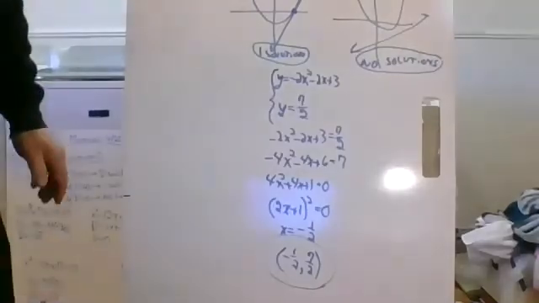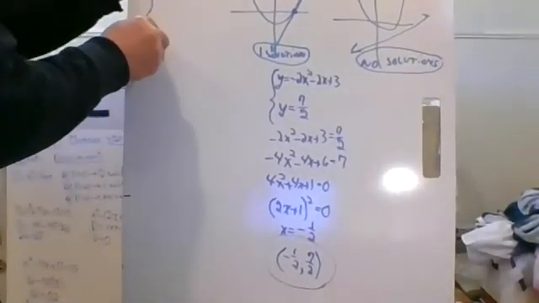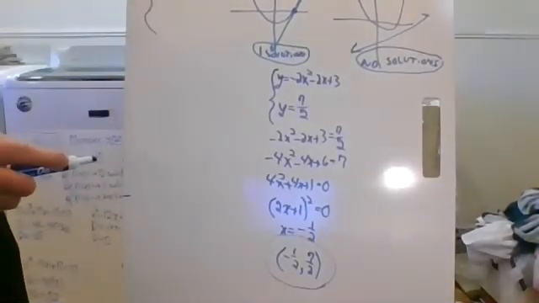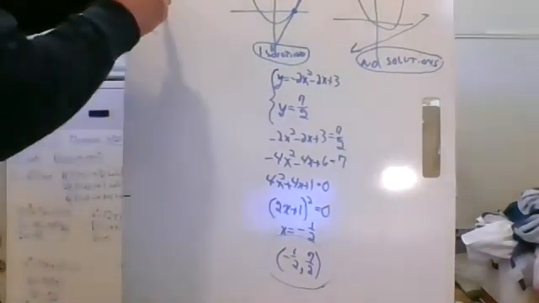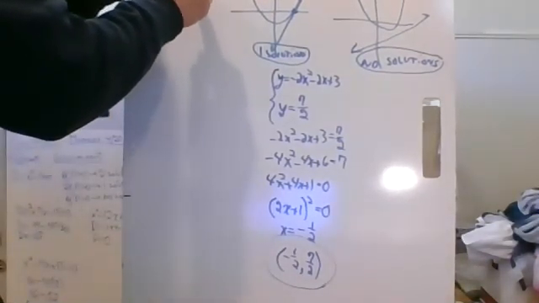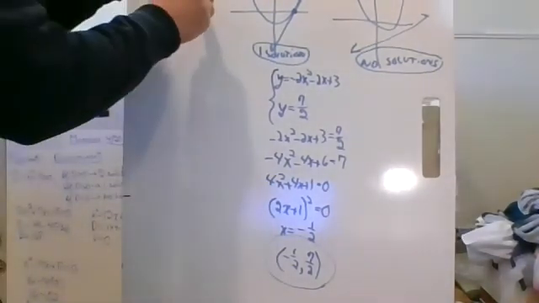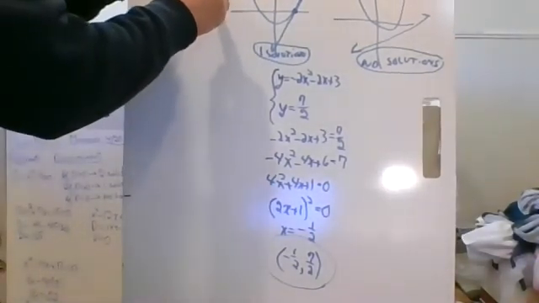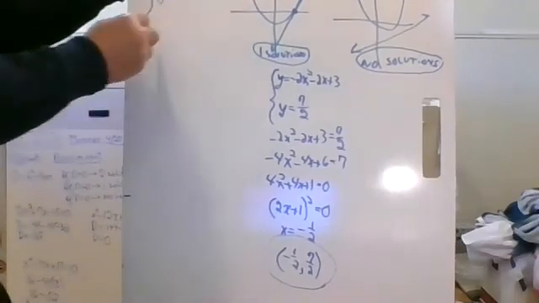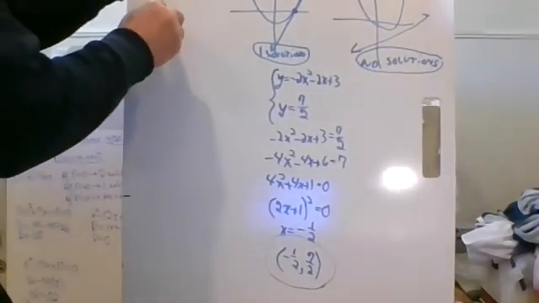Okay, so now I'm going to take the following system. y equals 2x squared plus x minus 1 and y equals negative x minus 3.